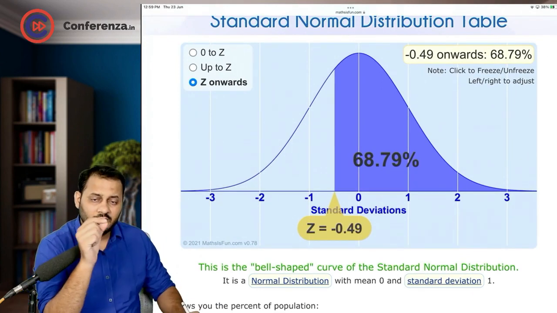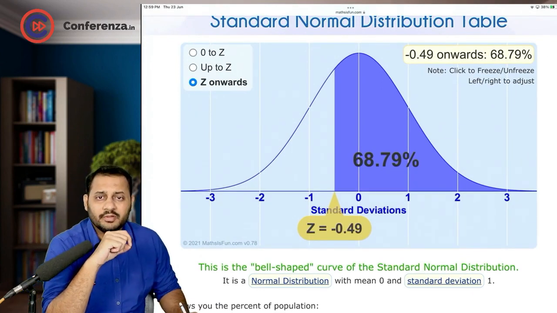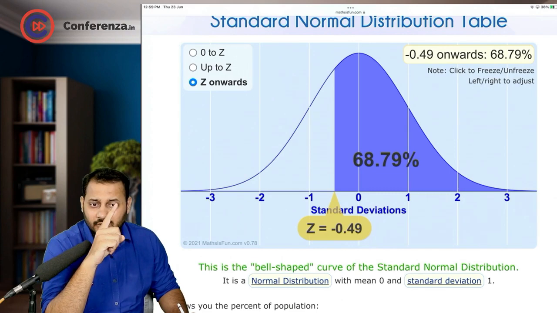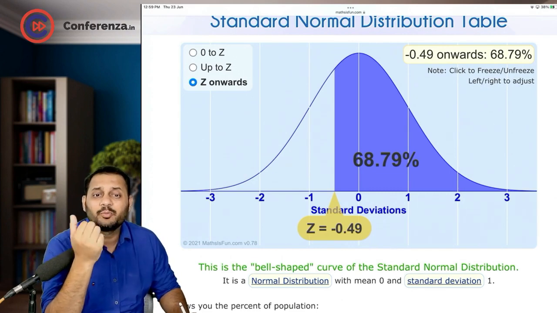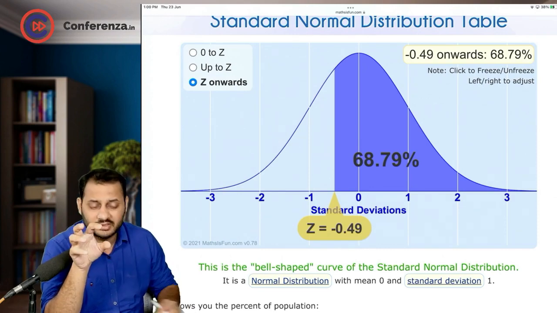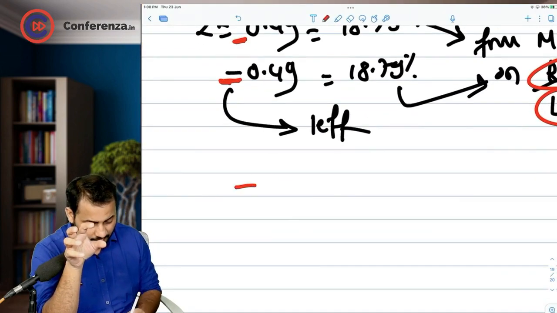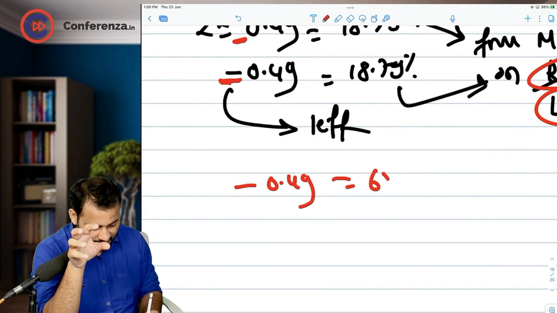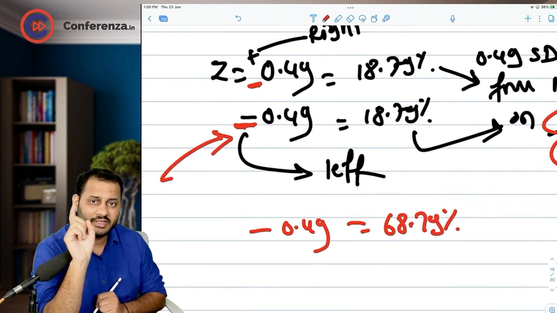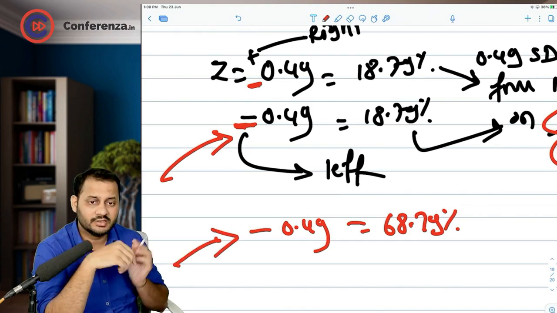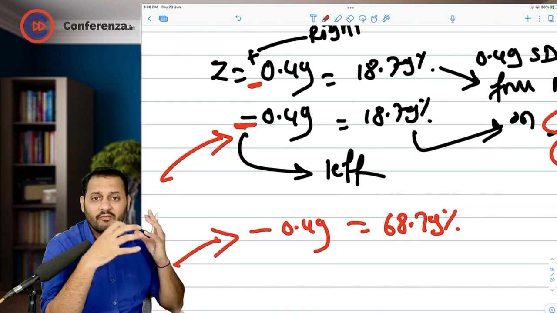For the 0.49 deviation, the probability or the area shown here is different. It is 68.79%. Earlier when we found this area, it was 18.79 and now it is showing 68.79.